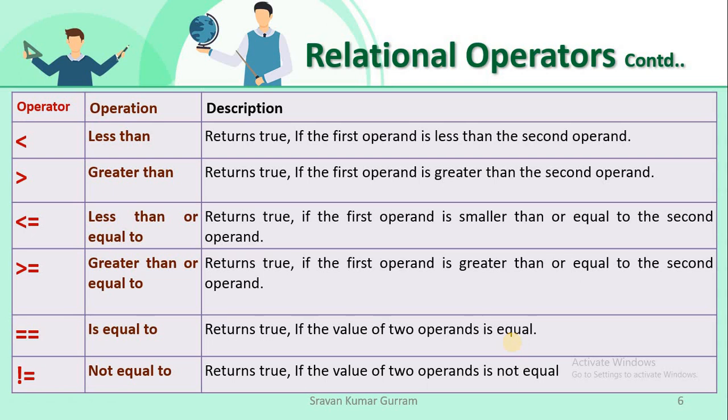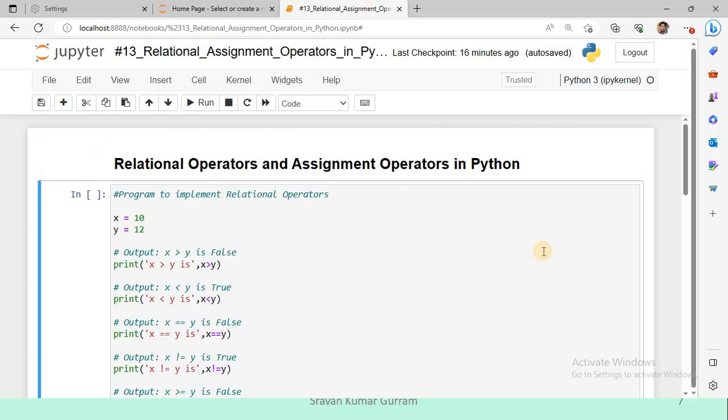If the left-hand side value and right-hand side value of the is equal to operator are equal, then it returns true. Then not equal to: if the left-hand side value of this operator is not equal to the right-hand side value, then it returns true.